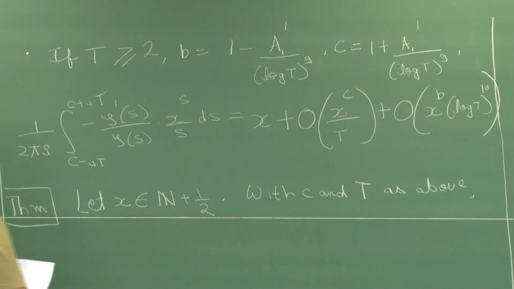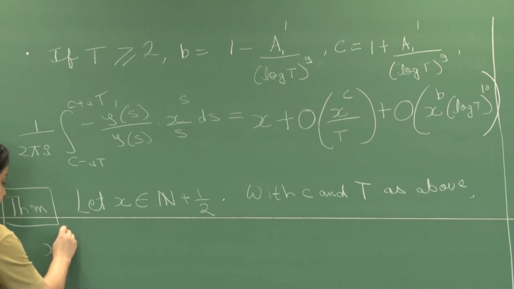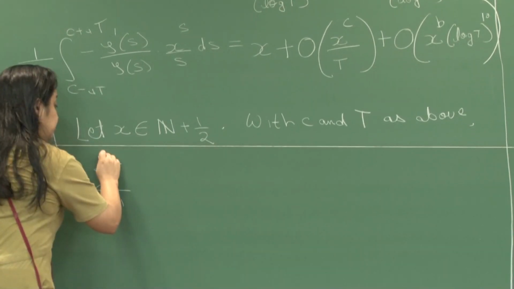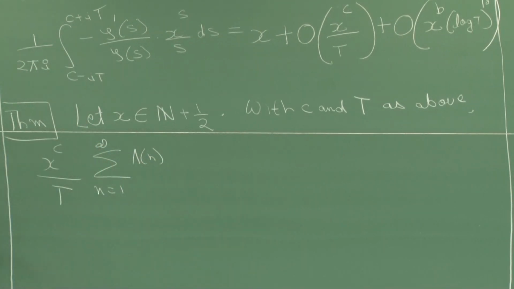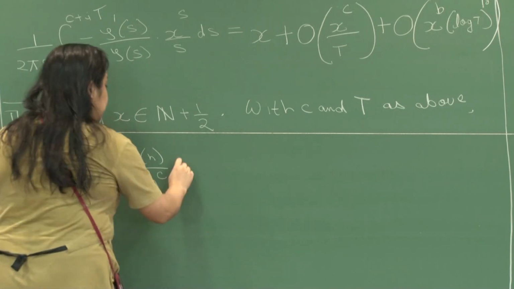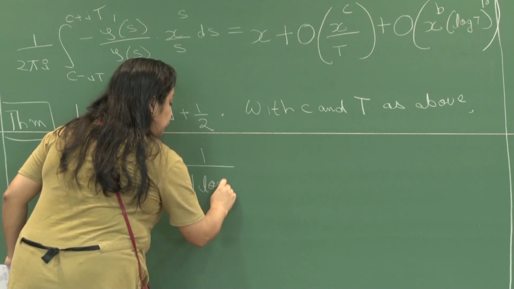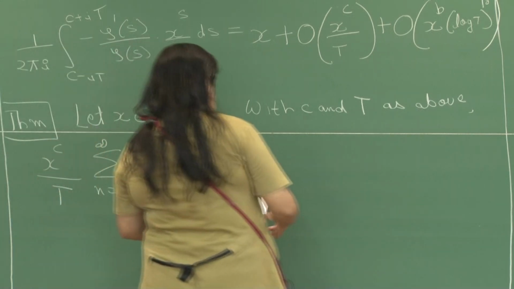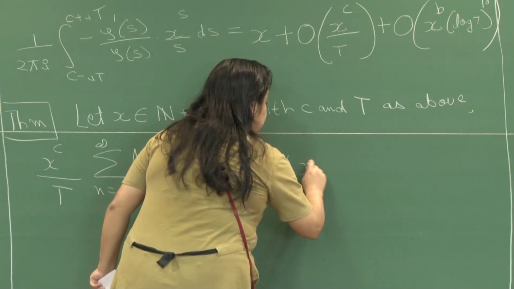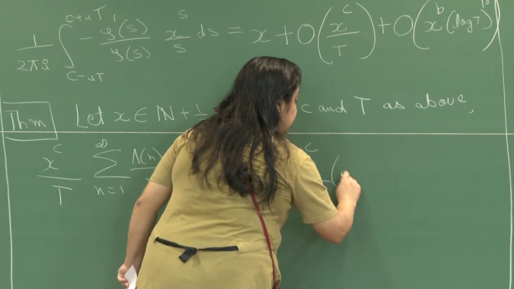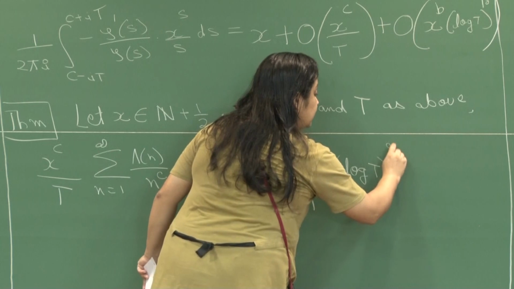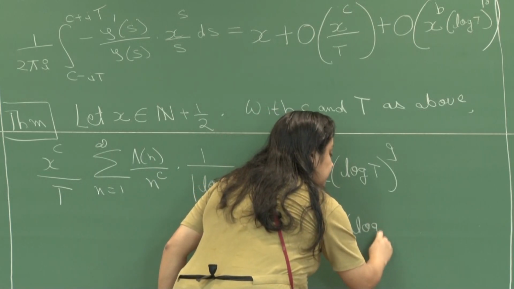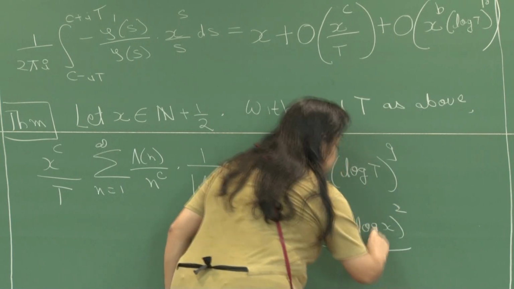So with such choices of c and T, our claim is that the error term x raised to the c over T, summation n going from 1 to infinity, lambda of n over n raised to the c times 1 over absolute log of x over n, is bounded above by x raised to the c over T times log T raised to the 9 plus (x log x) whole square over capital T.